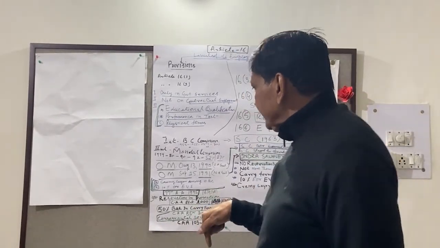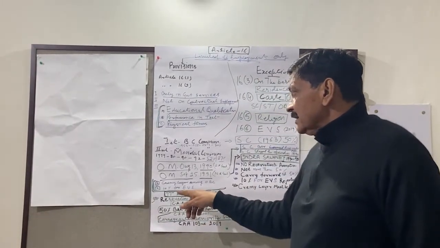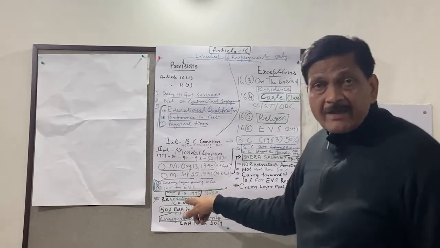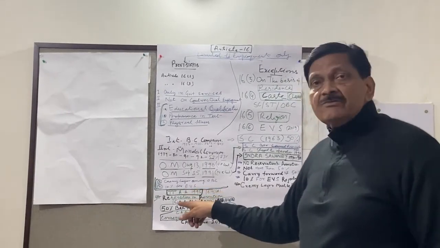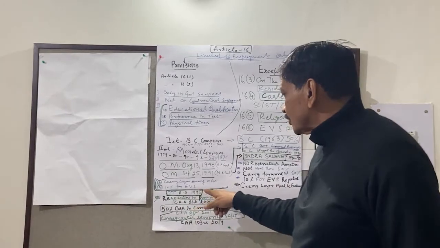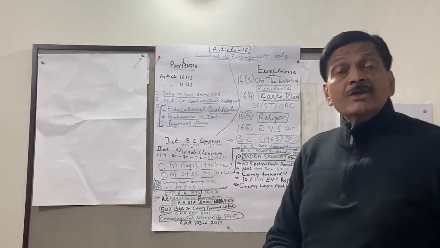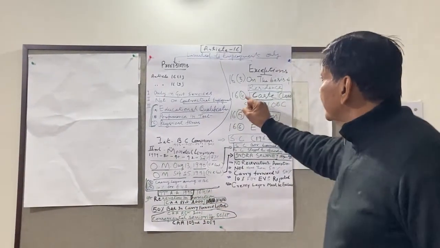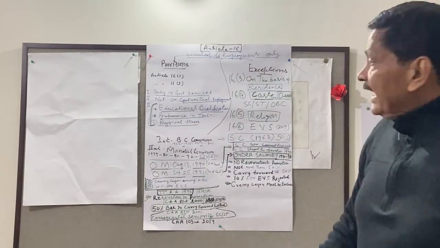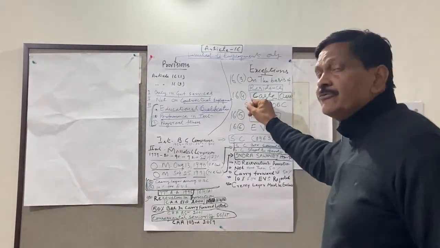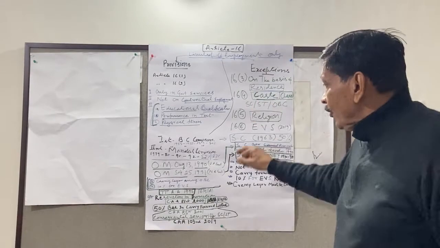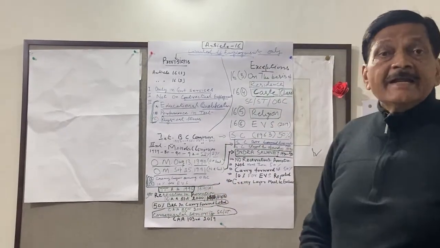The first amendment came in 1995. It was 77th amendment in the constitution, which added a new clause in 16.4. And this clause was 16.4a. What did this new clause add?